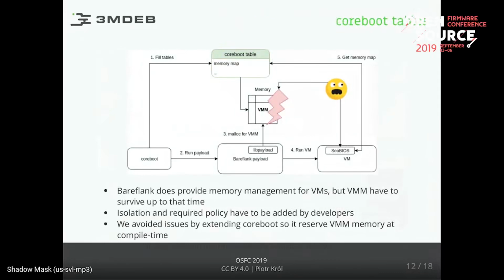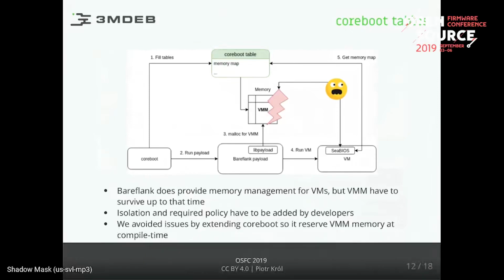One of the problems was that coreboot tables are not modified by libpayload. Coreboot tables describe the memory map, and then this memory map is reused by, for example, CBIOS. So we run the payload, which is our Bareflank hypervisor, and then libpayload just allocates some memory, for example, for the VMM.